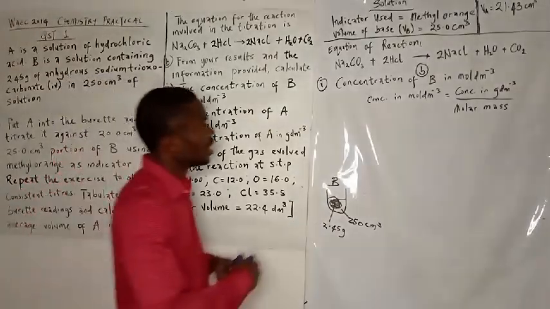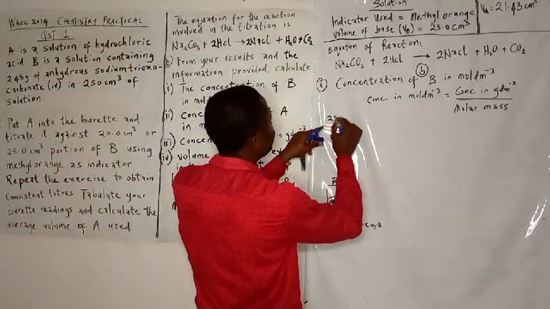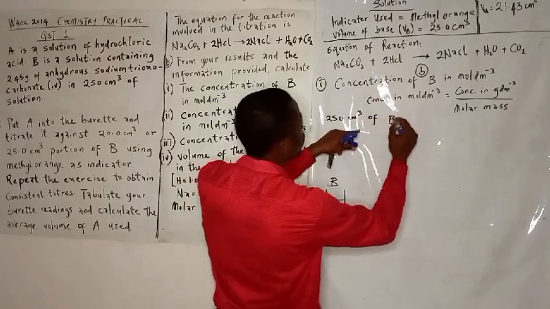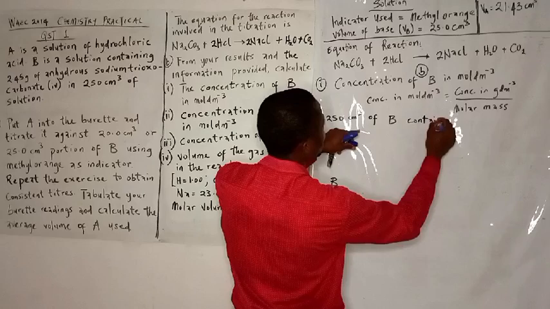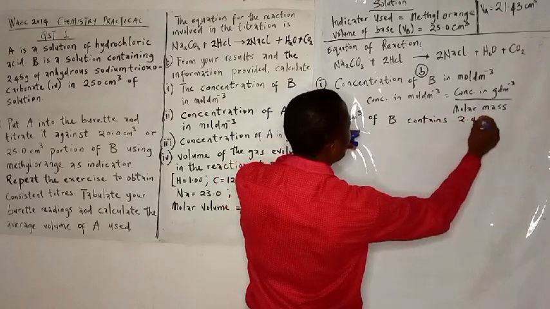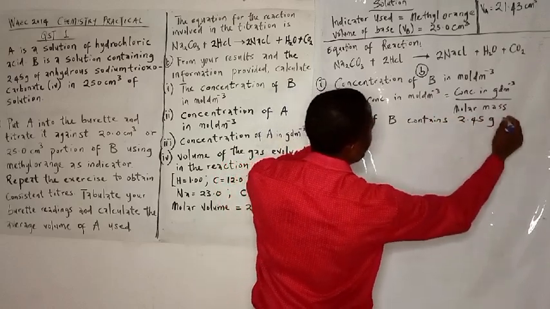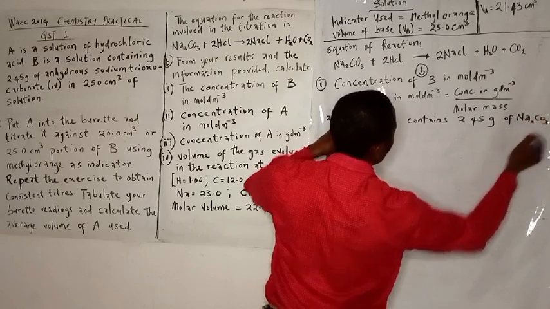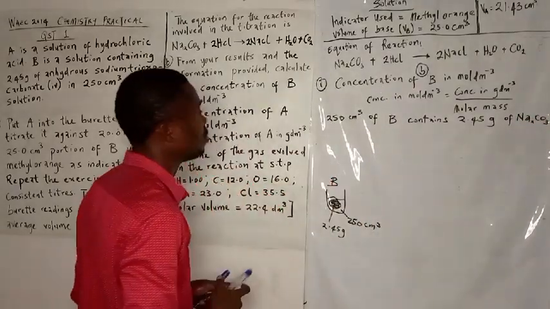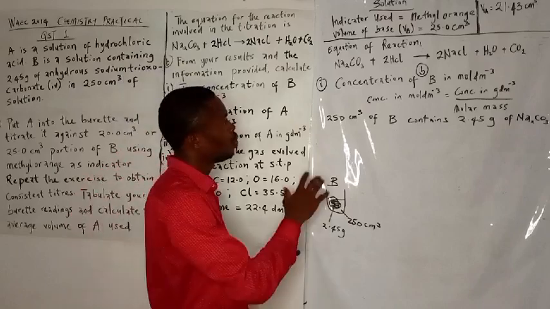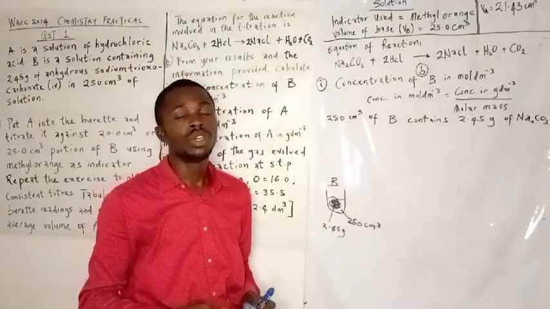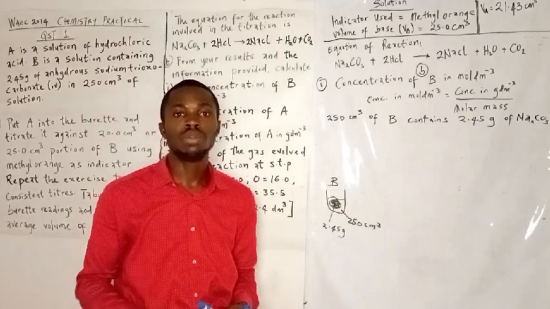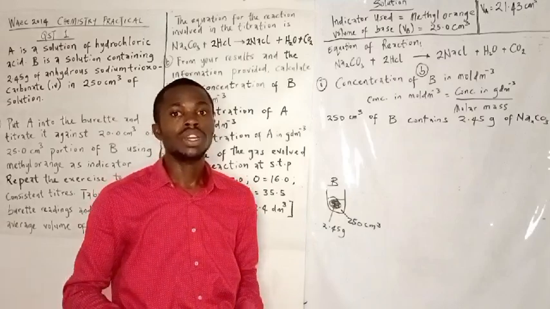Now, we can say that 250 cm cube of B contains 2.45 grams of sodium trihydrocarbonate 4. But we want to work with 1000 cm cube, because 1000 cm cube is equal to 1 dm cube, and 1 dm cube is the standard of reference.